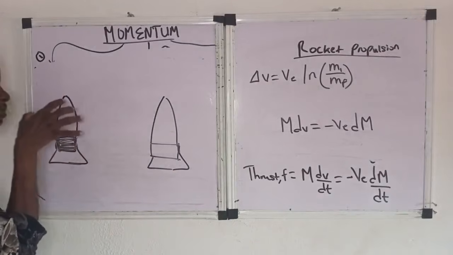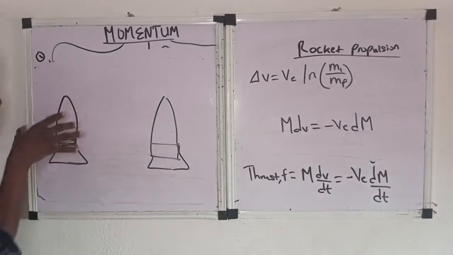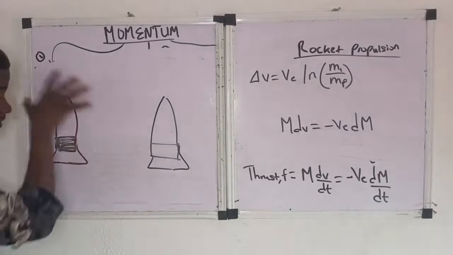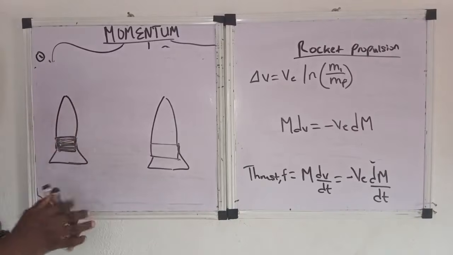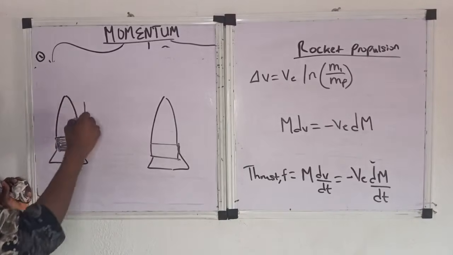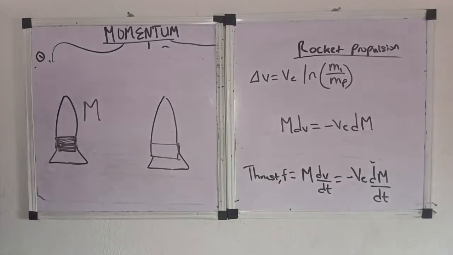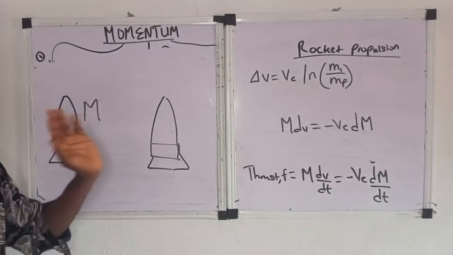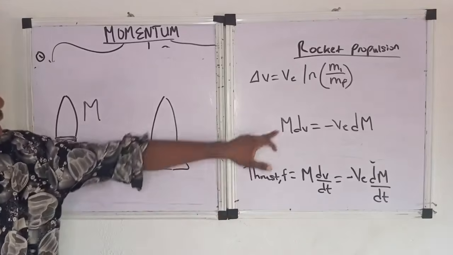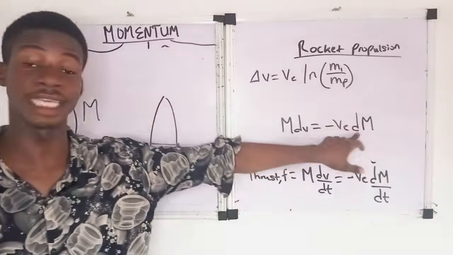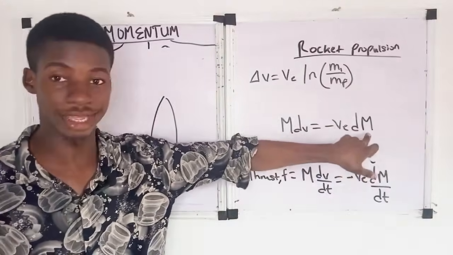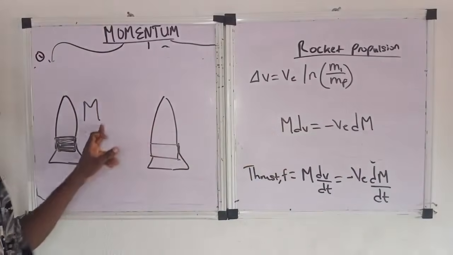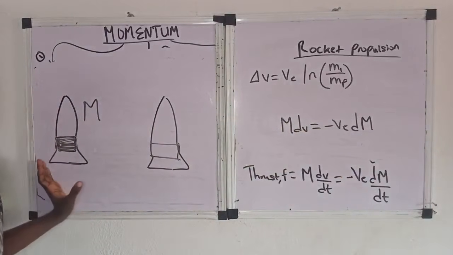The total mass of the rocket is M, capital letter M. If you look at this place here, this M is different from the other m. This is the total mass of the rocket before it is launched.